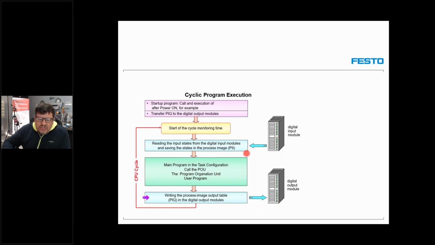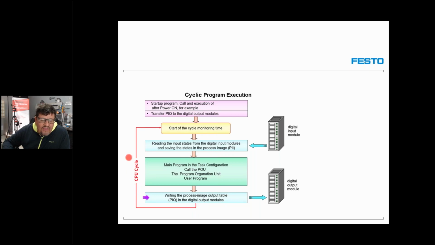It means the conditions of your inputs are stored inside your PII. When you want to execute your logic, it looks at the condition inside your PII. Then it makes a decision according to the logic and writes the result of your program into your PIQ table.